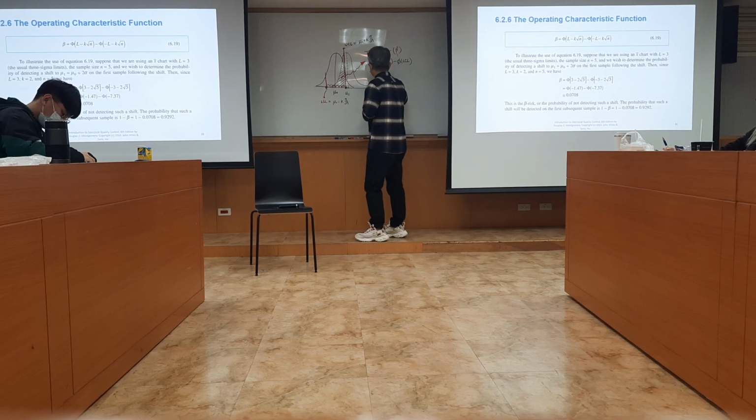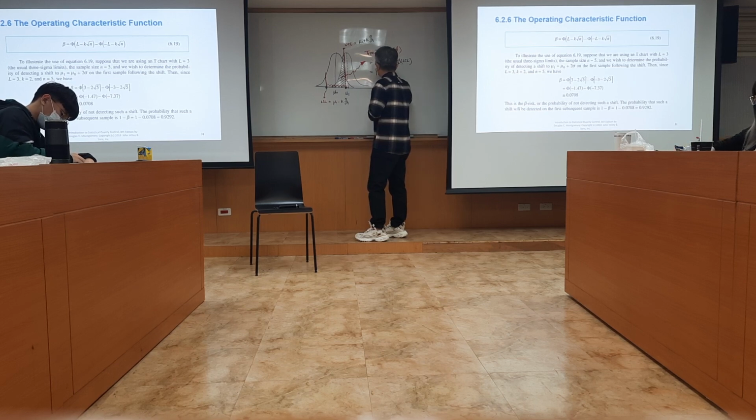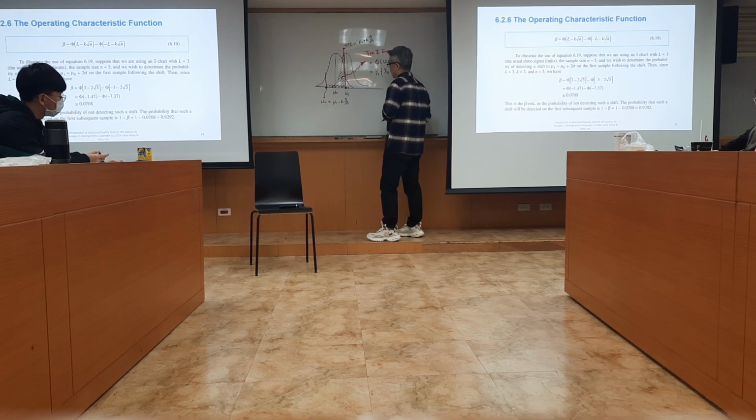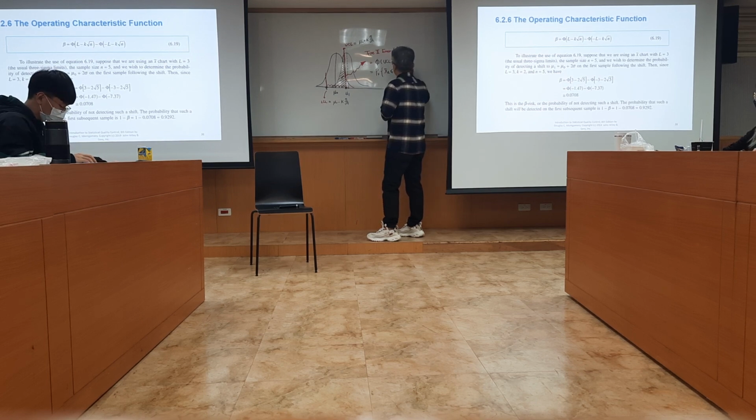So this is the probability that x bar is less than or equal to UCL. UCL is mu naught plus K sigma over square root of n, right?